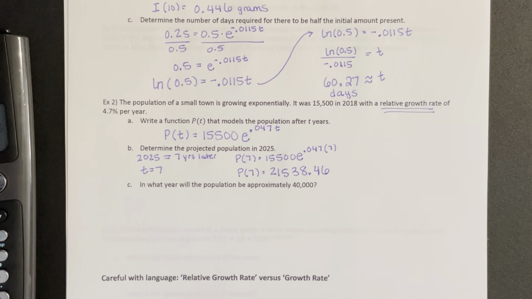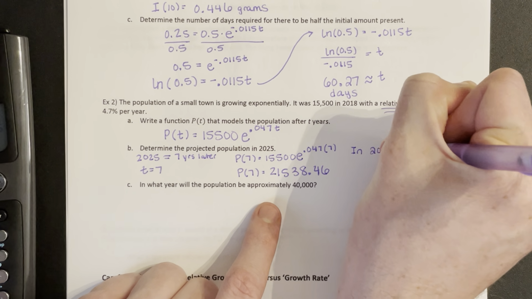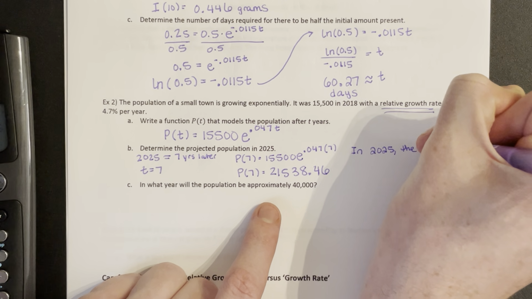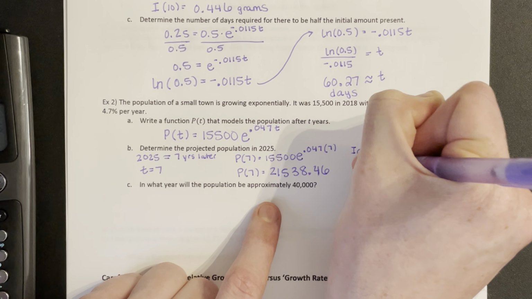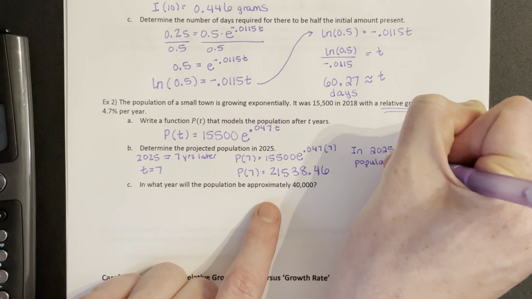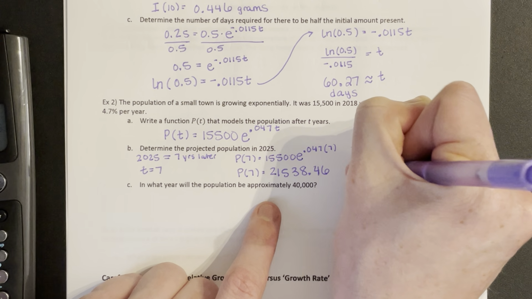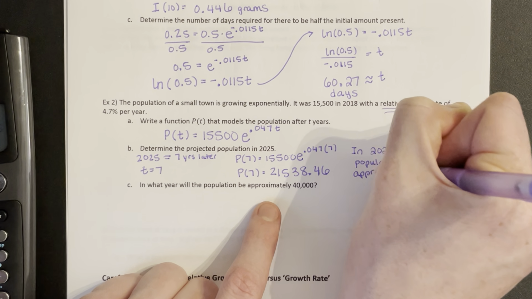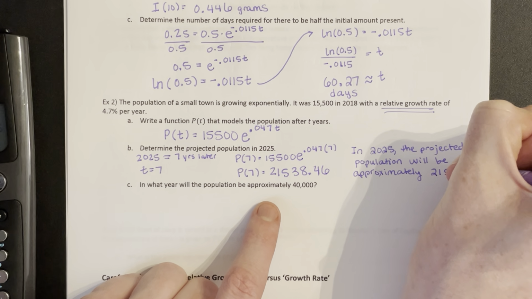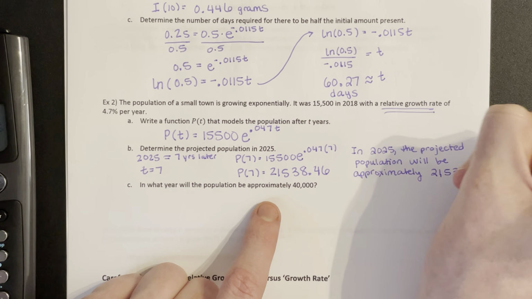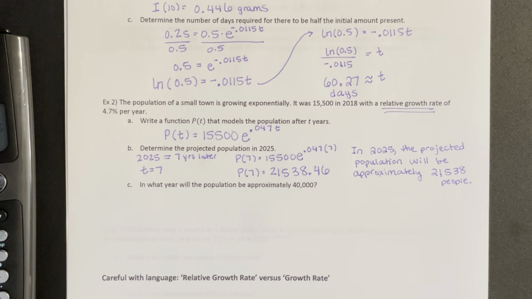We're talking about populations, so we can say in 2025, the projected population will be approximately 21,538 people. So I didn't include the decimal just because we're talking about people.